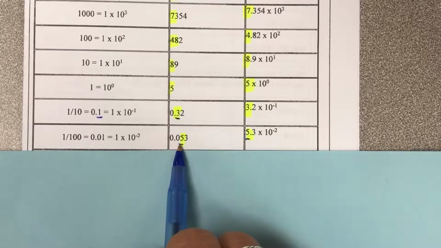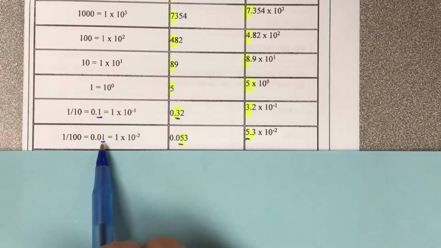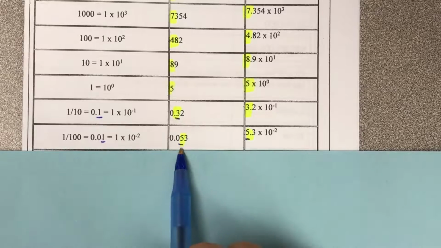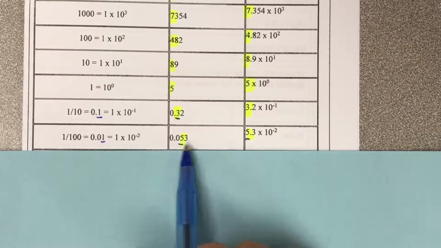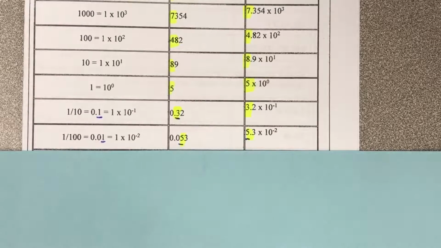Hundredths place means 1 divided by 100, or 1 times 10 to the negative 2. So when we write the number in scientific notation, we're going to place the decimal after the 5, after the first significant digit, and then multiply by 10 to the negative second power.